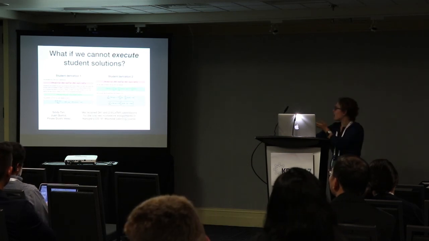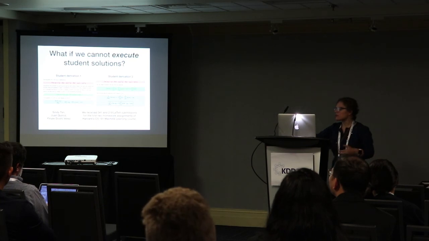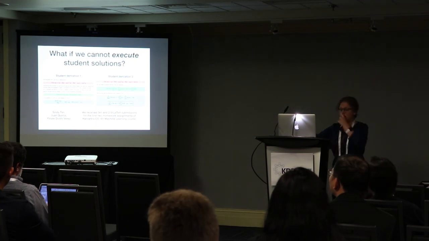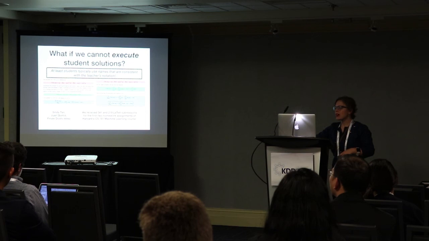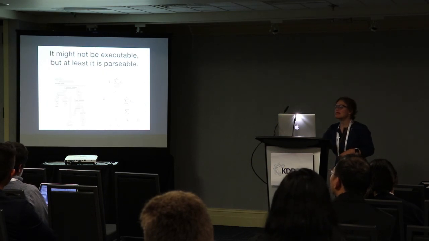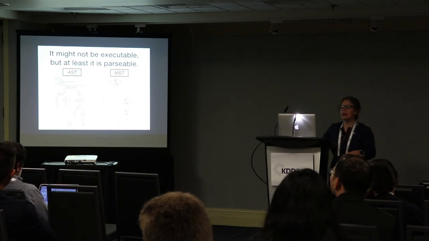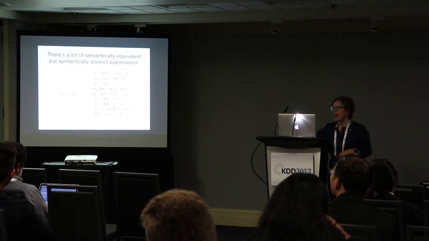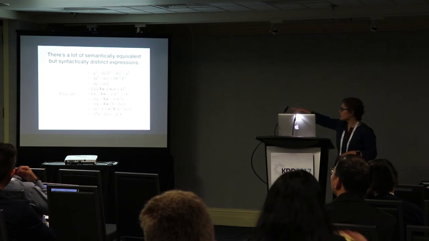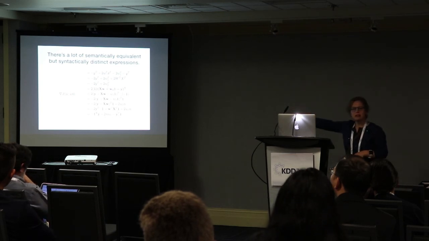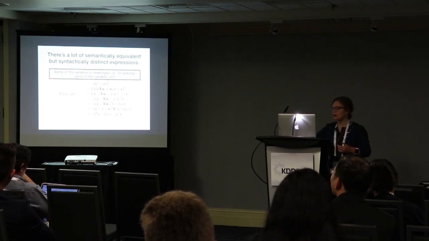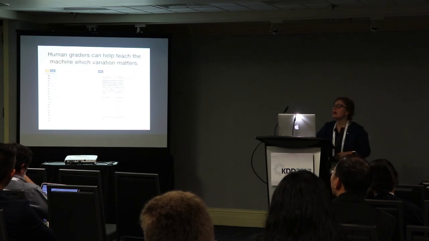So we have a couple hundred LaTeX submissions from Harvard's machine learning course. It's not executable, but it's at least parsable, so just like you have an AST, you can have a math syntax tree. And there's a lot of variation in how people represent the same idea. Some of it is variation we care about, some of it isn't.